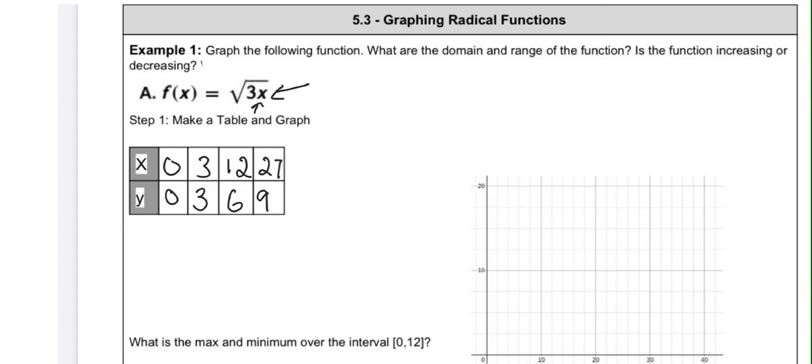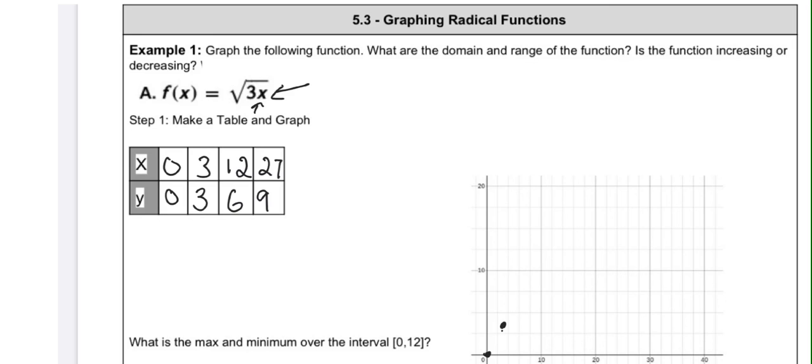All right. So we can graph these 4 points. 0, 0 is here. 3, 3 is going to be about there.